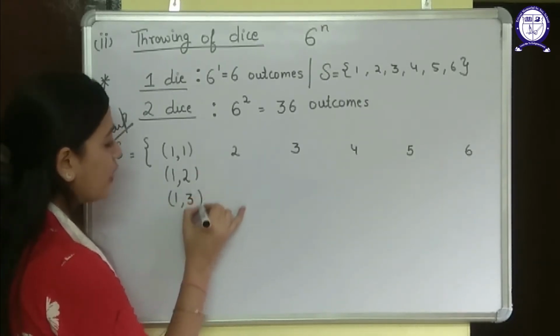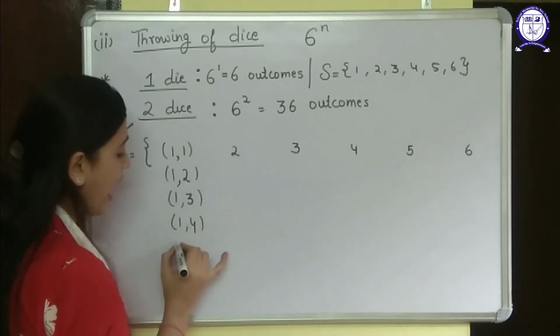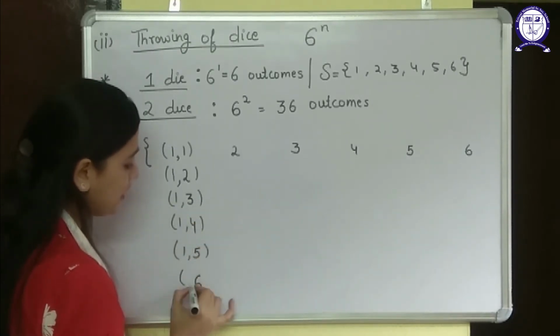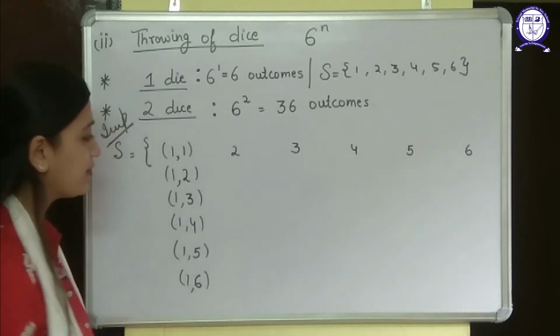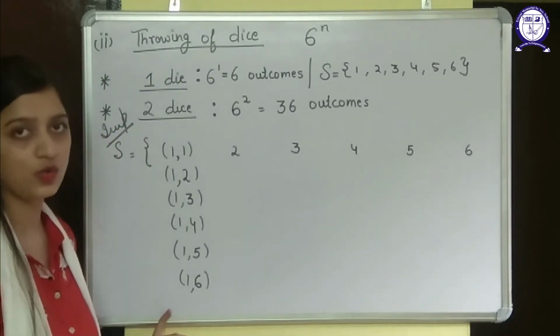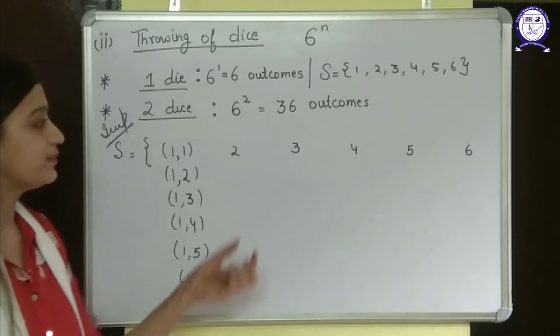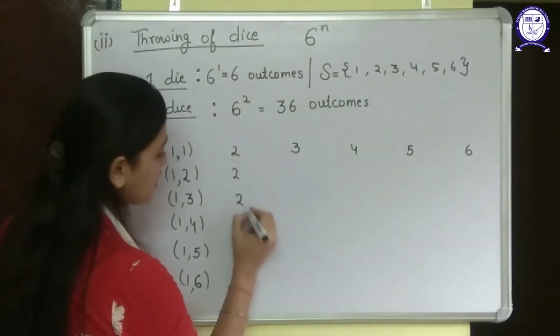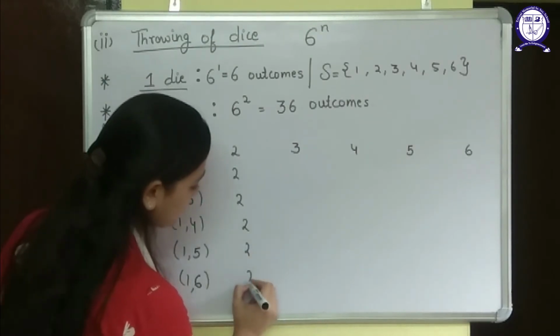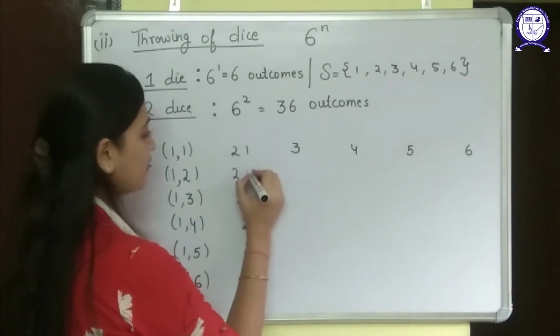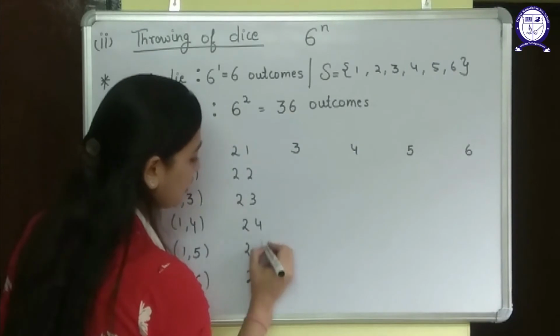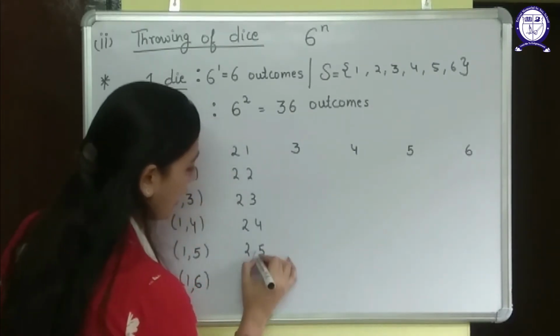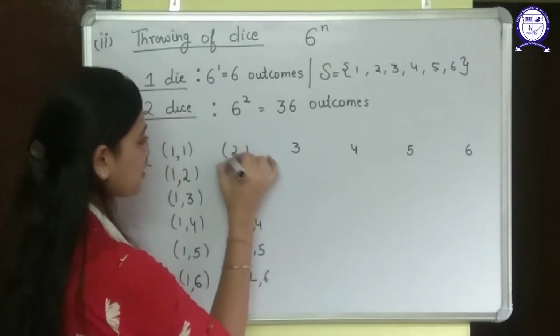Similarly, fixing 1 at the first dice and changing the numbers on the second dice, I will get my first 6 outcomes. Now, similarly, for 2, fix 2 on the first dice. Suppose I have 2 on the first dice and the second dice will have all the other 6 numbers. I can have these possibilities also.